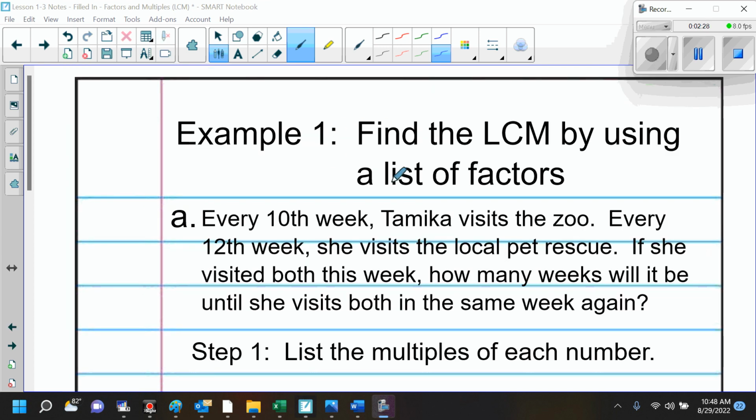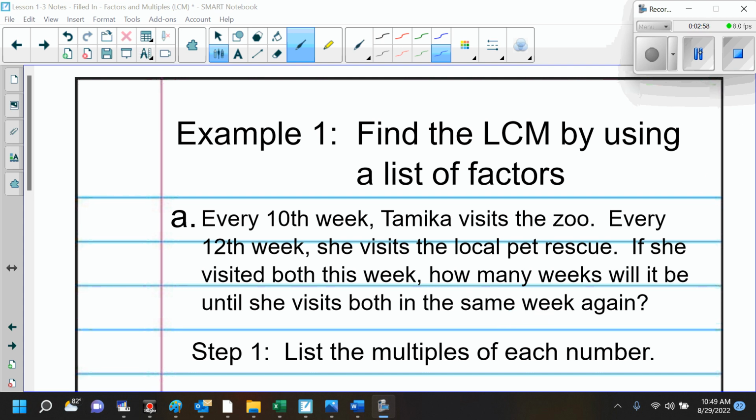So example 1 is find the least common multiple by using a list of factors. All right, so it says every 10th week, Tamika visits the zoo. Every 12th week, she visits the local pet rescue. If she visited both this week, we want to know how many weeks will it be until she visits both in the same week again.